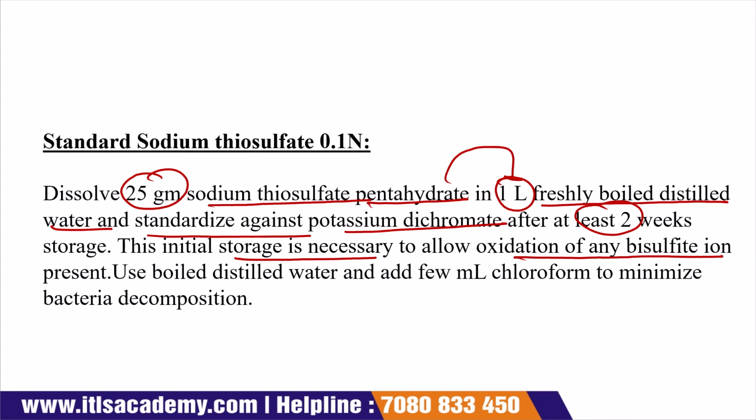We use boiled distilled water and a few ml of chloroform so that it minimizes bacterial decomposition. That's why for preparing the sodium thiosulfate we use boiled water, and along with it we add a few ml of chloroform, which also minimizes the bacterial decomposition.